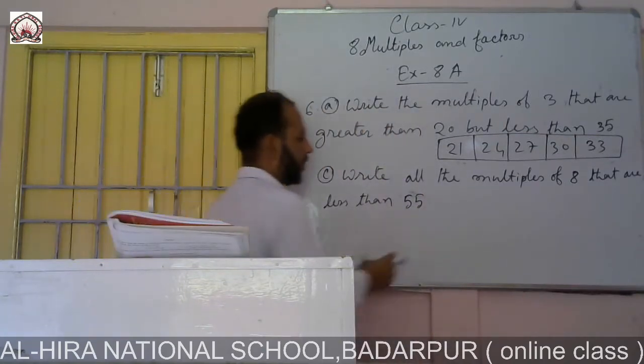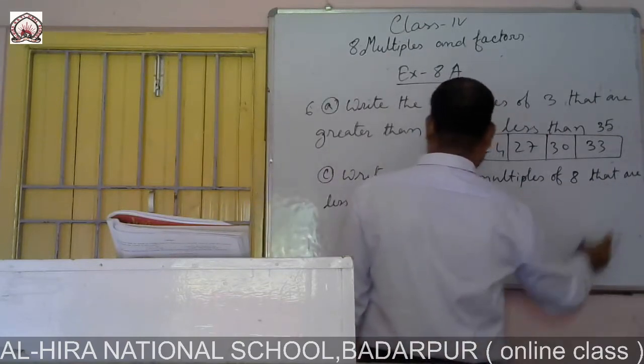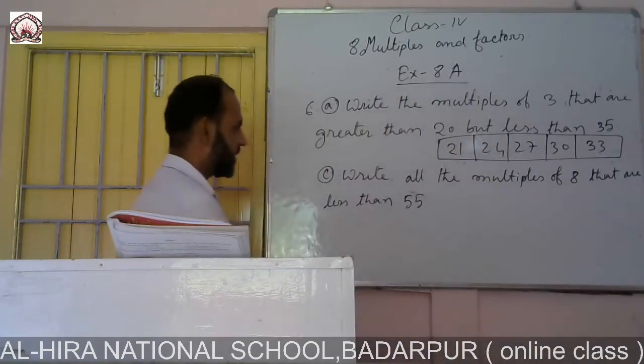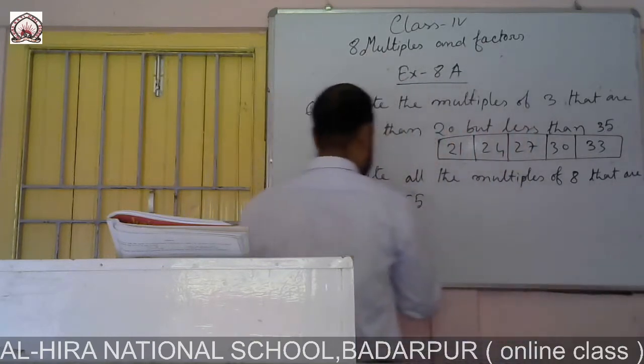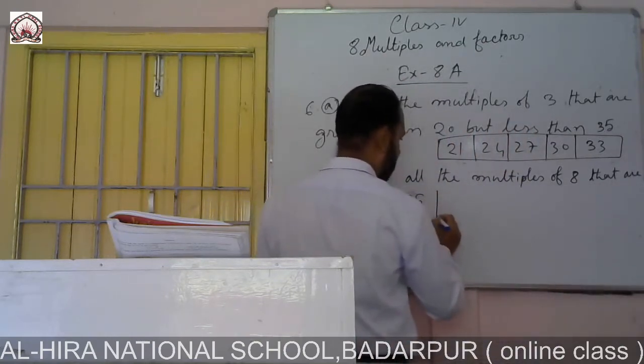Write all the multiples of 8 that are less than 55. So we start.